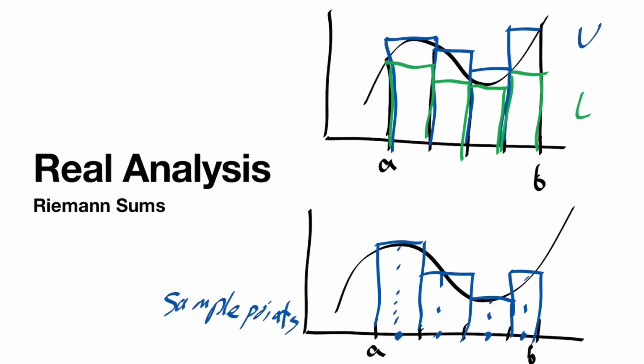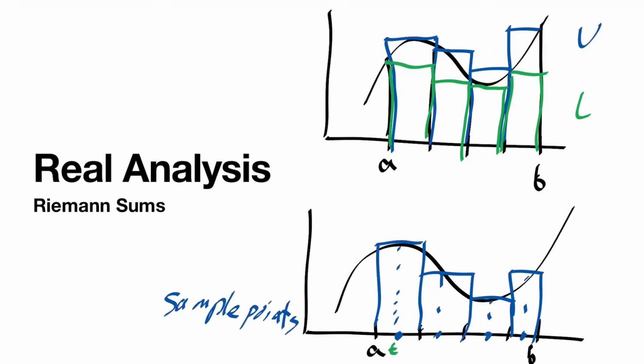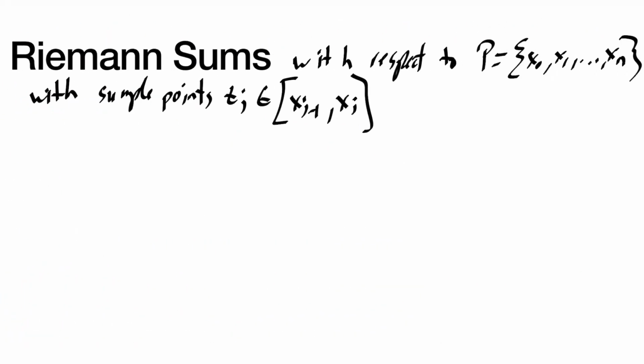Given that picture we had a second ago, this would have been T1, and this T2, T3, and T4. These would have been X0, X1, X2, X3, and X4. The T's are the points in the middle, the sample points that tell us how high to make our function.